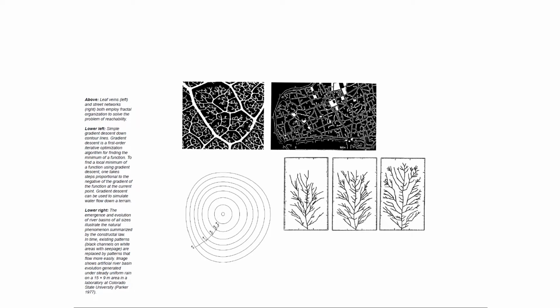This is the reachability problem: how to create a network of veins that delivers nutrients to basically every cell in the leaf. To do that most efficiently, nature uses fractal structures, self-similar branching structures, which we will look at closer in the next lecture. But somehow these fractal ordering and the flow problems of reachability are related.